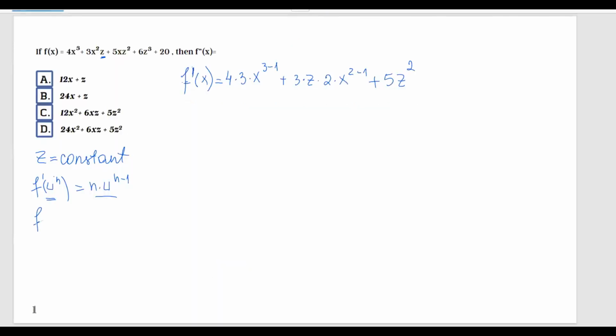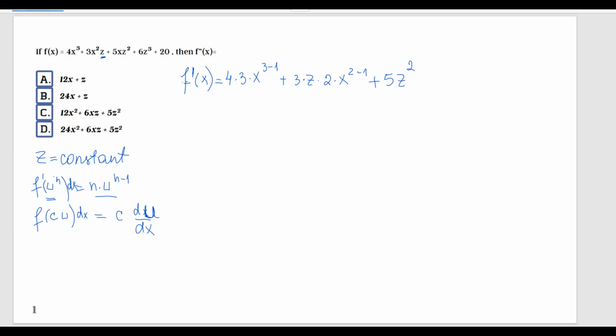The derivative of cu dx equals c in front, and then the derivative of u dx.